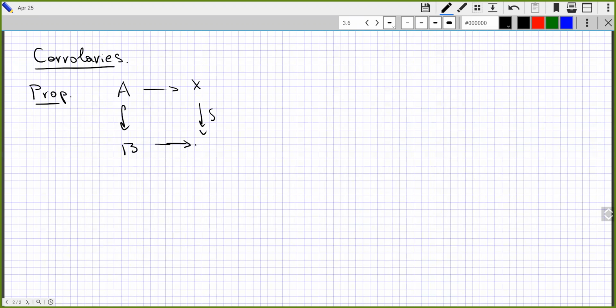The arrow on the left is a monomorphism, on the right is a trivial fibration. So this one exists.